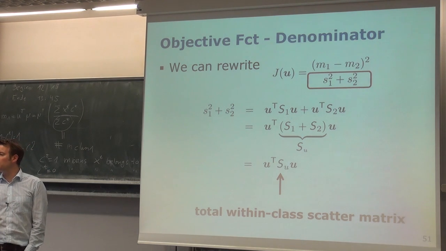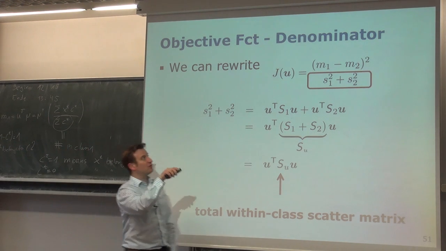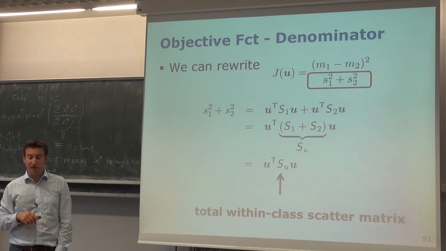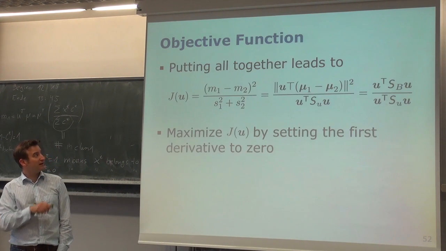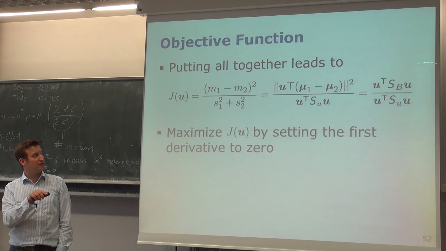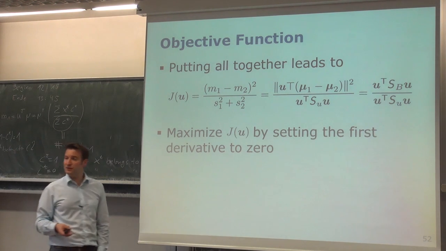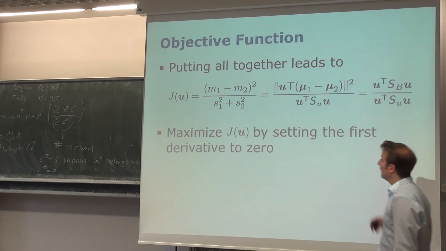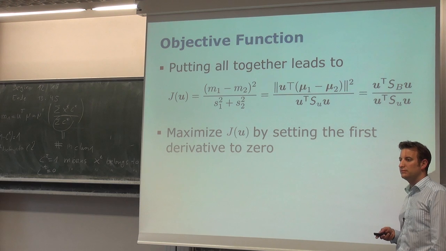It just combines the matrices S1 and S2. So I have a quadratic form on top, a quadratic form on the bottom, and the only thing I need to do is, I now have my objective function, which I have over here. This is the result over here. I need to compute the first derivative, set the first derivative to 0, and then solve with respect to u.